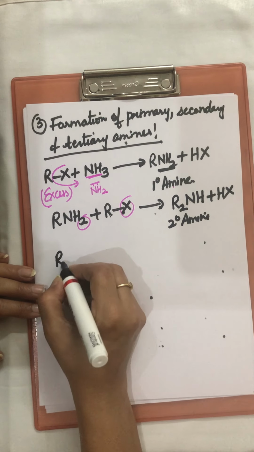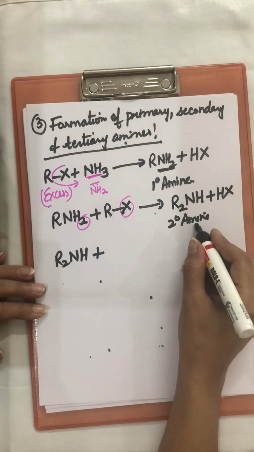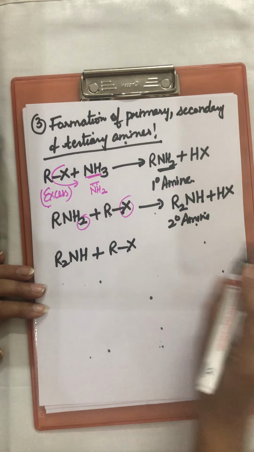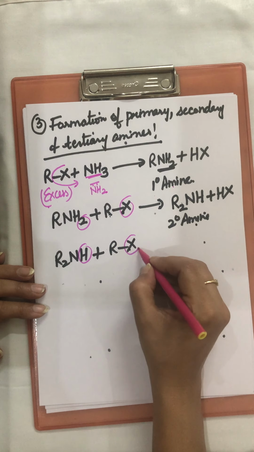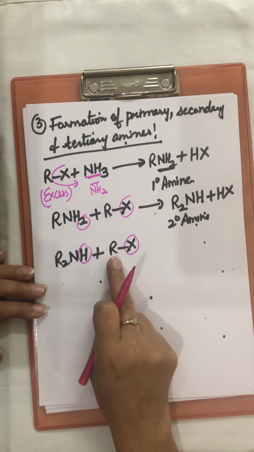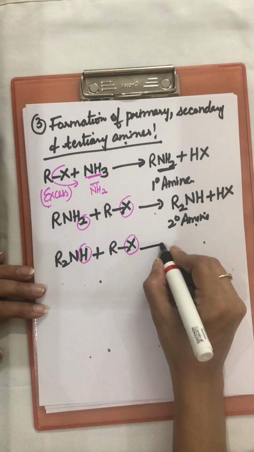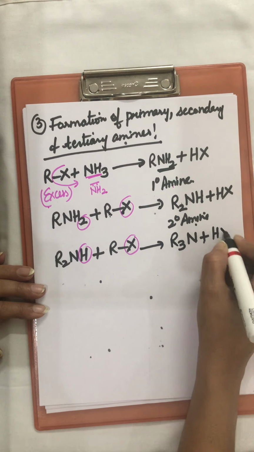And now also the reaction will continue. Secondary amine formed is again attacked by this haloalkane. Now again this one H from here and this X, HX comes out and in place of this H there will be R. So this becomes R3N plus HX.